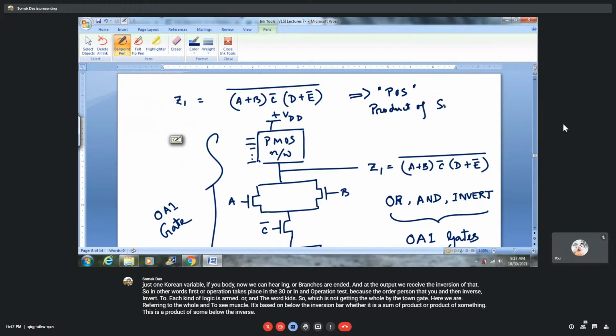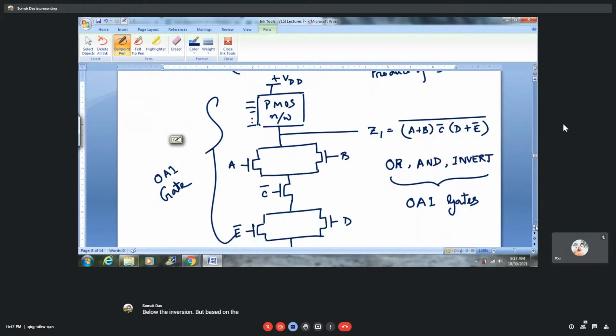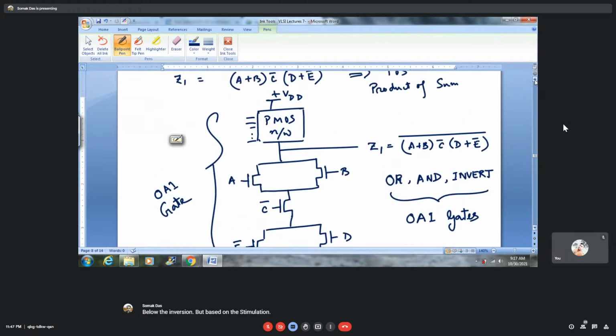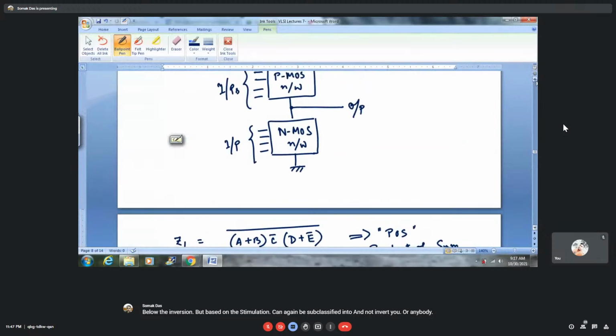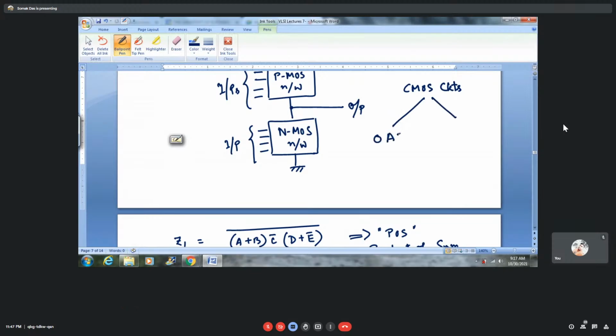Based on this, CMOS circuits can be broadly subclassified into OR-AND-invert gates and AND-OR-invert gates. How the OR-AND-invert looks, we have shown. Now coming to the AND-OR-invert.